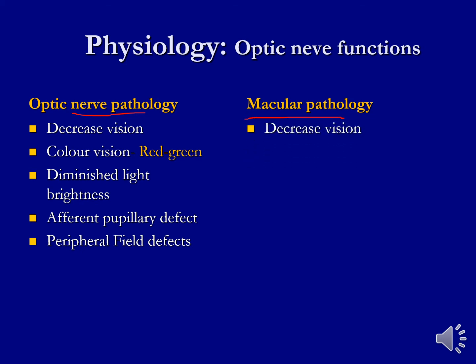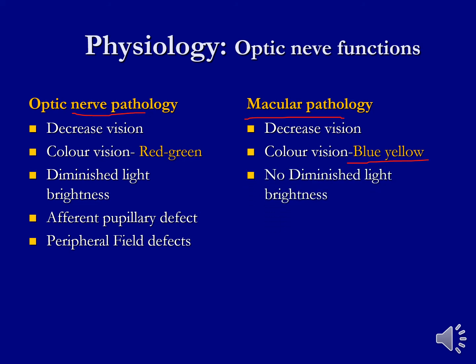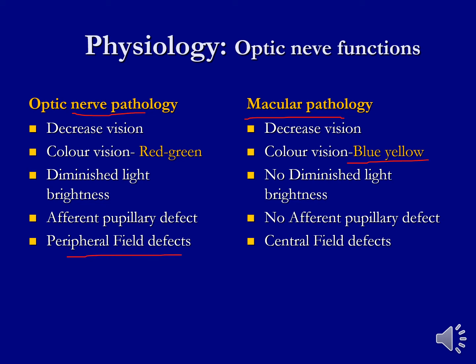The color vision is decreased in both, but in macular pathology it is in the blue-yellow spectrum. There will be no diminished light brightness in macular pathology. There will be no afferent pupillary defect in macular pathology, and the visual field defects will be mainly central as compared to the peripheral visual field defects in nerve pathology. So these 5 clinical tests help us to distinguish between macular and optic nerve pathology clinically.